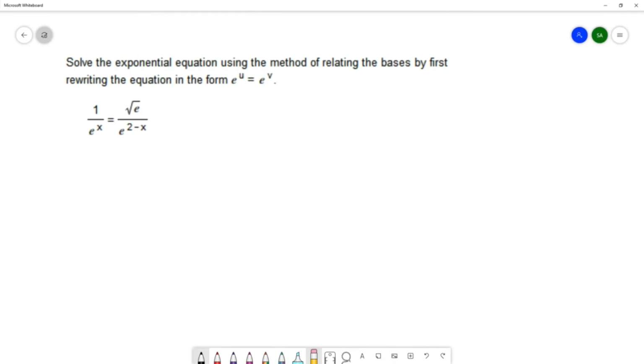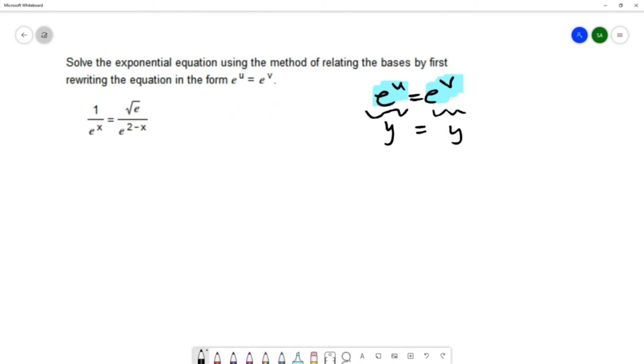And the reason we want to rewrite it in this format, e to the u equals e to the v, is because exponential functions have this property called the one-to-one property. It's allowing us to notice that these are y values, so we would consider this to be a y, and this is a y, and these y's are equal to each other because of the equal sign.